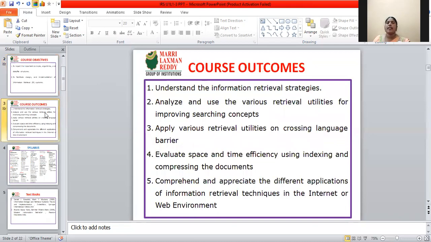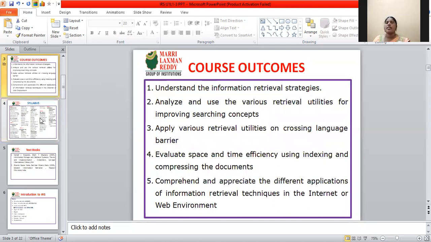Coming to the course outcomes, the course outcomes are what the student will learn at the end of the session. First one is to understand the information retrieval strategies. What are the retrieval strategies? Item normalization.